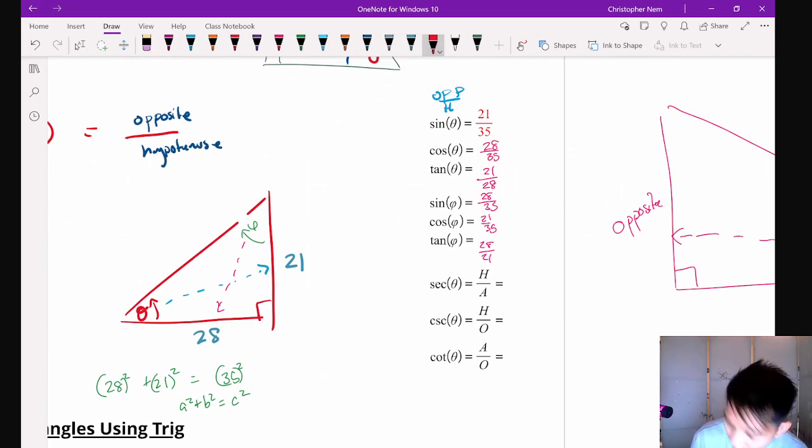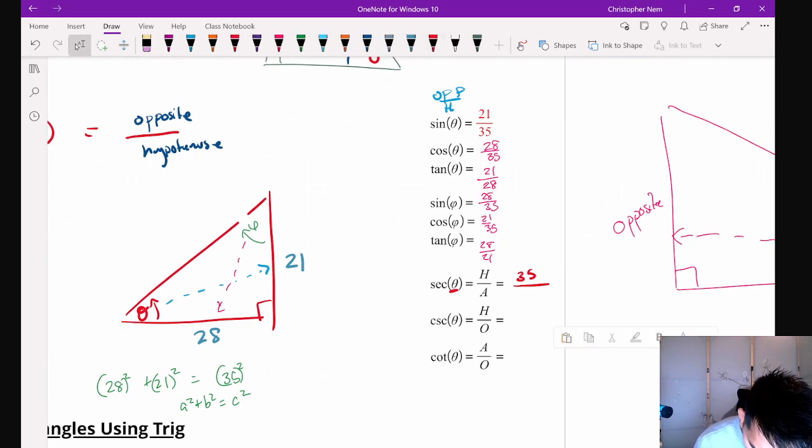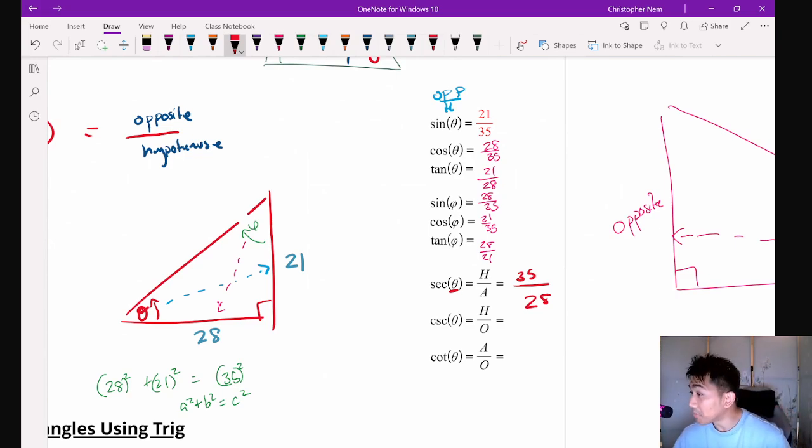But be careful. This is working with theta. So we have to look at theta. What is the hypotenuse? Well, that's 35. And then what is the adjacent of this angle theta? Well, that's 28. And then I can do cosecant, which is the reciprocal of my sine function. Sine is opposite over hypotenuse, so I'm going to flip that.